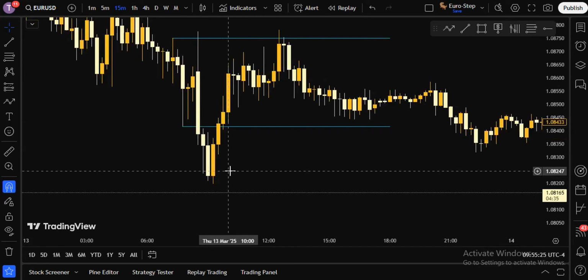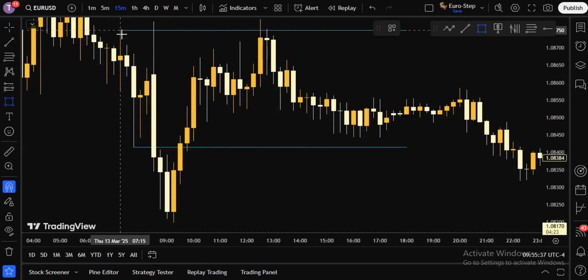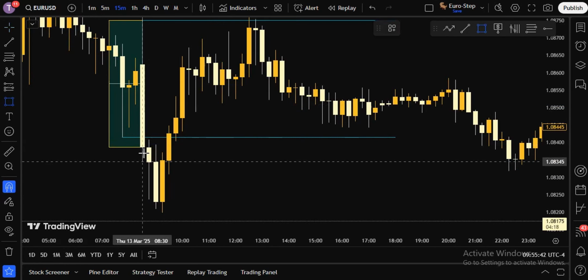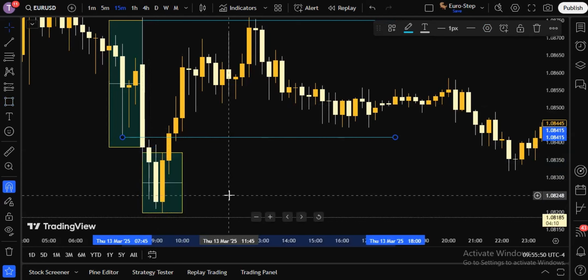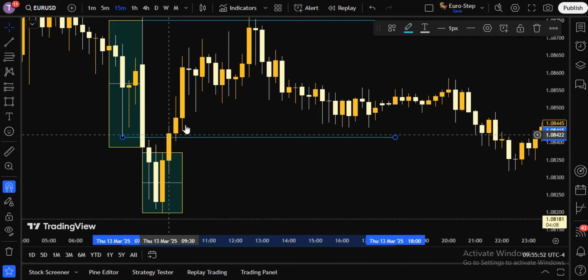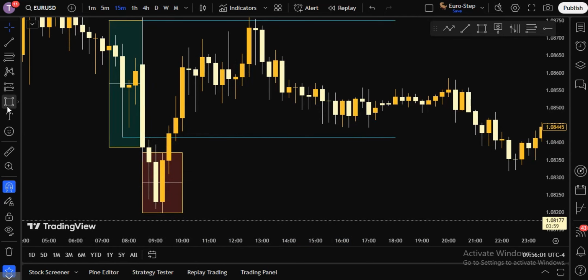It's the same process where we wait for price to finish off the accumulation phase, and then we expect it to test one of the levels. If respected, and price stayed below this blue line, that would have been considered a downtrend. But since price came back above, we know that this is our manipulation leg, and this would have been our distribution leg.